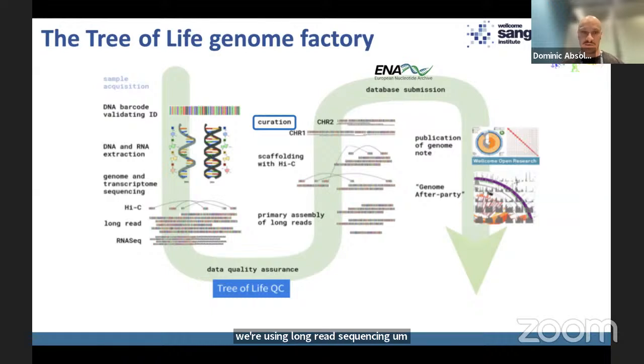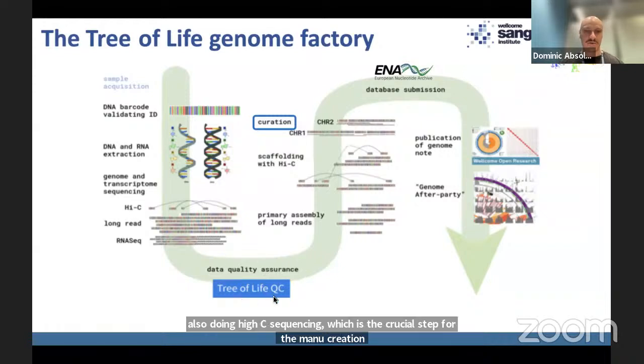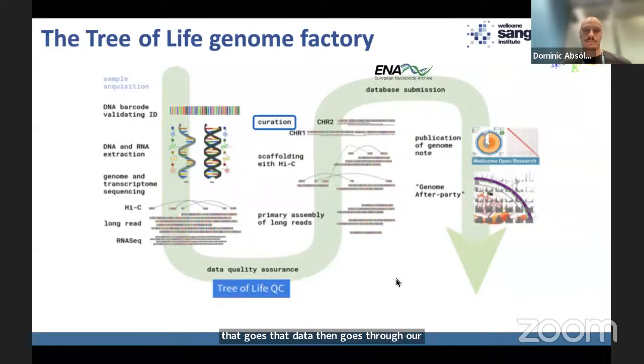We're also doing Hi-C sequencing, which is the crucial step for the manual curation. That data then goes through our assembly team. It all gets assembled and comes to the curation team, where we work our magic, do a manual curation, and hopefully output a chromosome level assembly to the public, and ultimately a publication of the genome note. So what we're talking about today is this step of the process, the curation process.